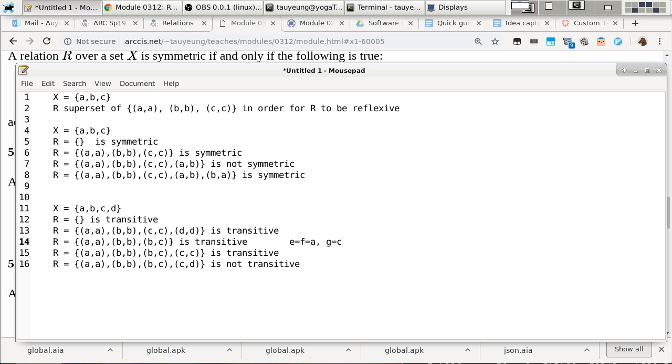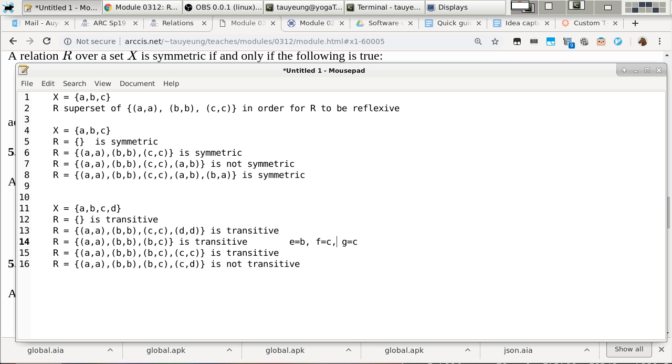Yep. What if for line 14 you used B for E and then C for F and G? Okay, say that one more time. B is E. E has B, F has C, and then G has C as well. Okay, so let's see what happens here. You're missing CC.